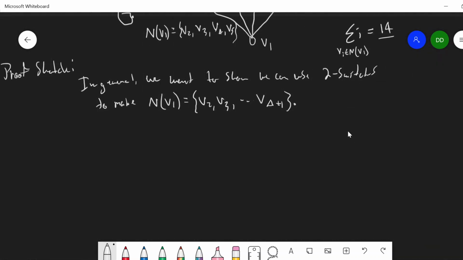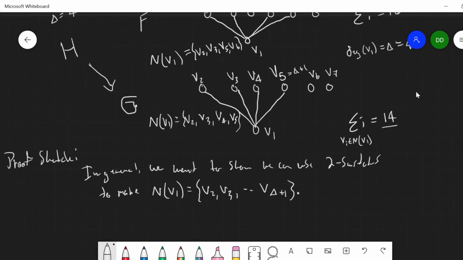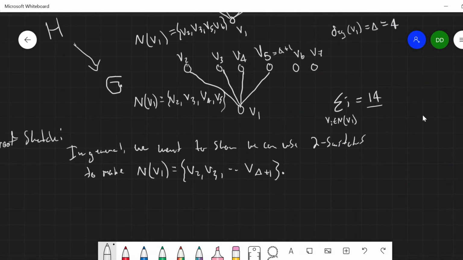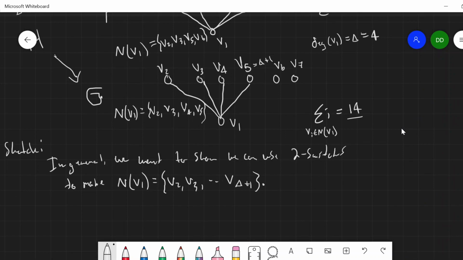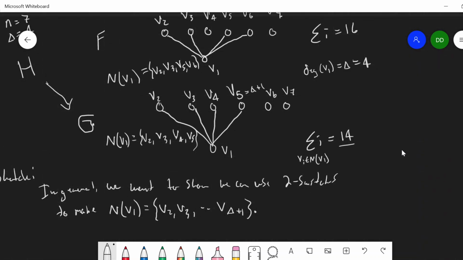And so this is how we're going to use minimum counterexample. The idea is I can perform a 2-switch, this switching of edges, as I described up here, how we're going to move this edge over here. We can use 2-switches to lessen the subscript sum.